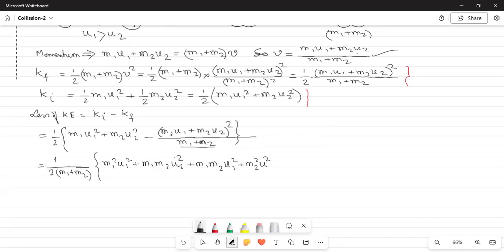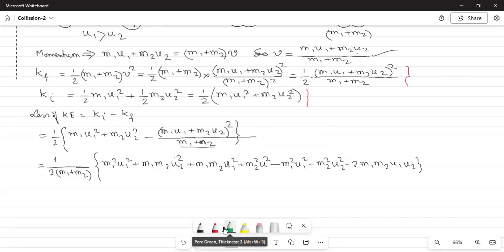Then we have minus of this. Minus of this is M1 square U1 square minus M2 square U2 square minus 2 M1 M2 U1 U2. This is the total equation.